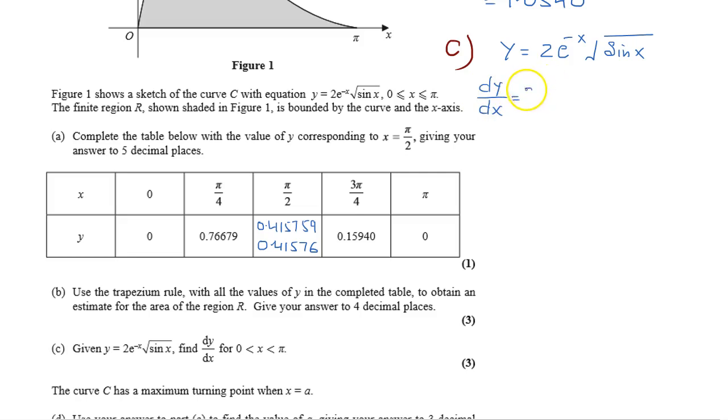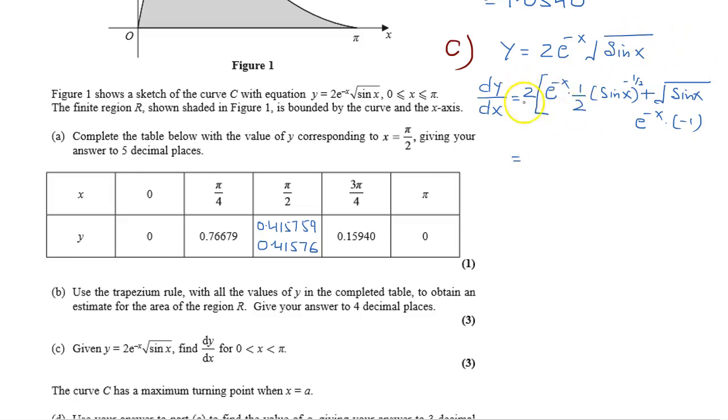So dy over dx is first function e to the power minus 2x, differential of second sin x to the power half, so half sin x to the power minus half, then plus second function root sin x, and the differential of e to the power minus x is e to the power minus x and minus 1.